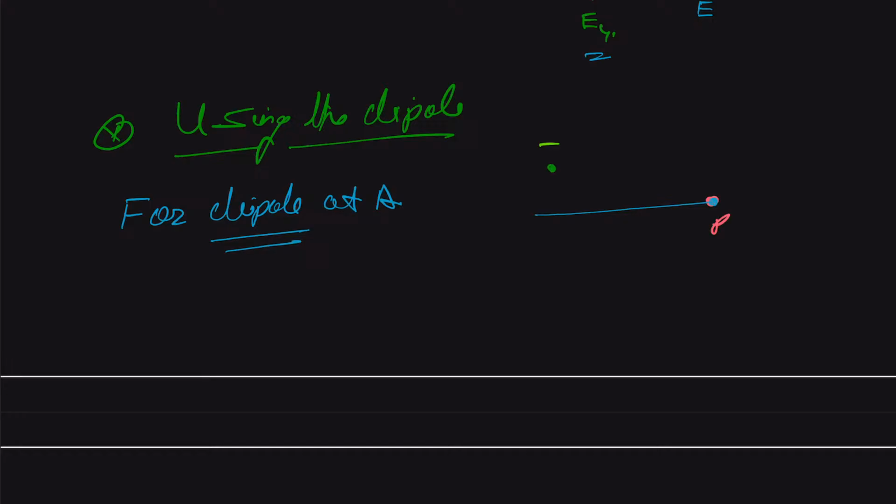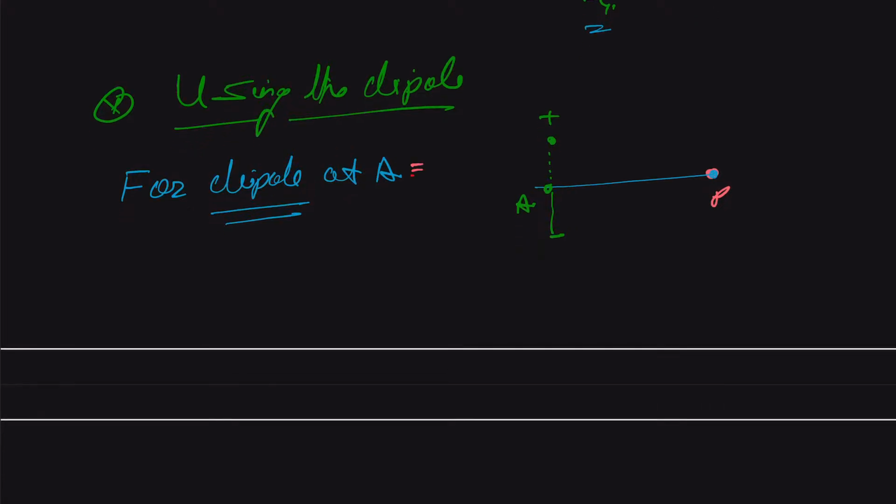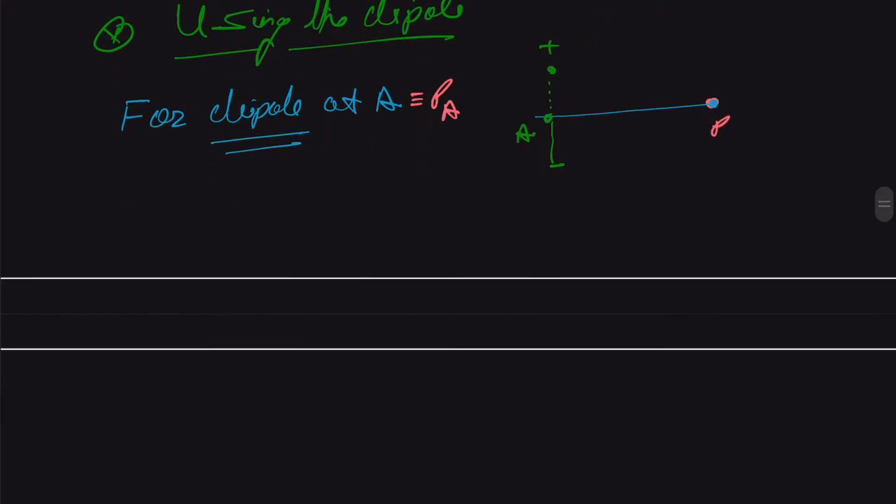This is positive and this is negative, and this is our point A. So for the dipole at A, let us say that its dipole moment is PA. Therefore, we can write that our PA will be equal to Q times D, because this point P is on the axial line of this dipole. Okay, this is +4 and -4. Remember, this point P is on the axial line of the dipole.